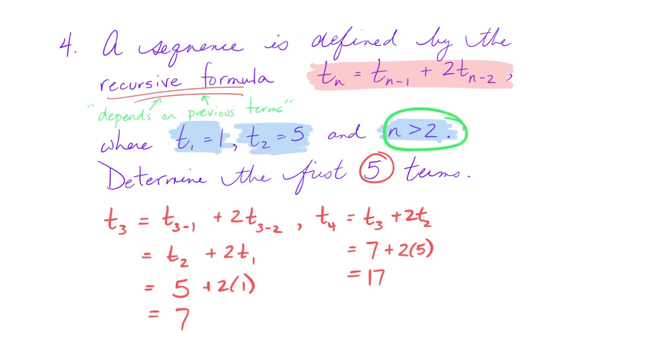Our last check, we would then have to find term 5. That would be term 4 plus 2 times term 3, which would be 17 plus 2 times 7. There is your 17 plus your 14 and a 31.